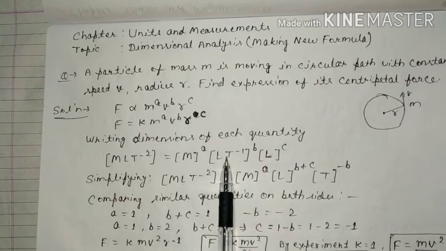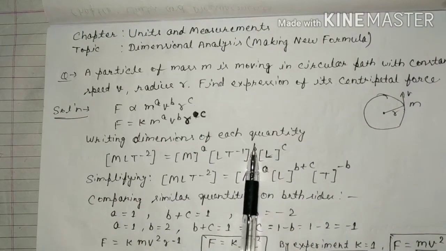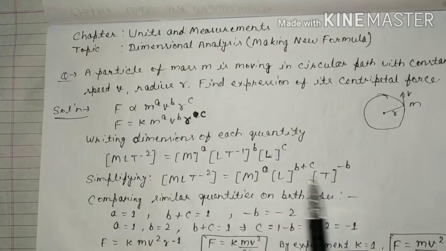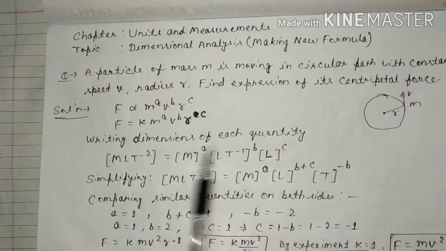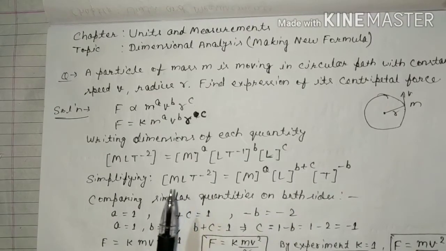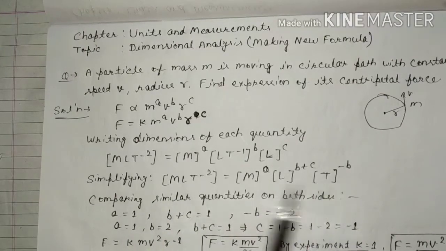The third quantity is T. T^-1 to the power b: when there is a power to the power, the powers multiply. Minus 1 multiplied by b is minus b, so T to the power minus b. We simplify these, then we get this type. Our next step is comparing similar quantities, or comparing dimensions, on both sides.